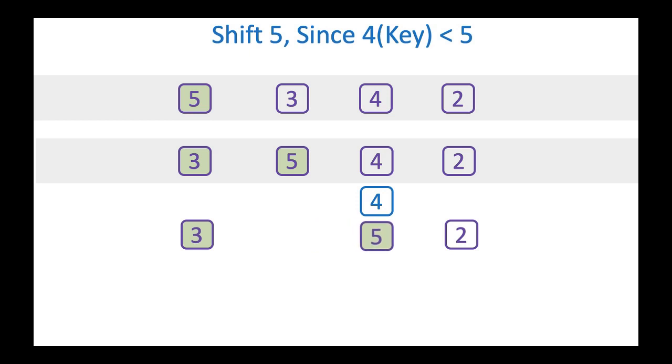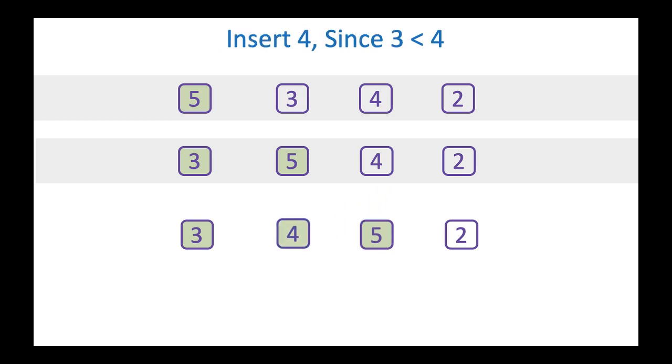Since 4, which is currently the key, is lesser than 5, we shift 5 to the right one step, to the place of 4, as you can see now. Then we compare 4 with the next number, which is 3. Since 3 is lesser than 4, that's where we insert 4. Since we are trying to insert in the right place, that's why it is called insertion sort.